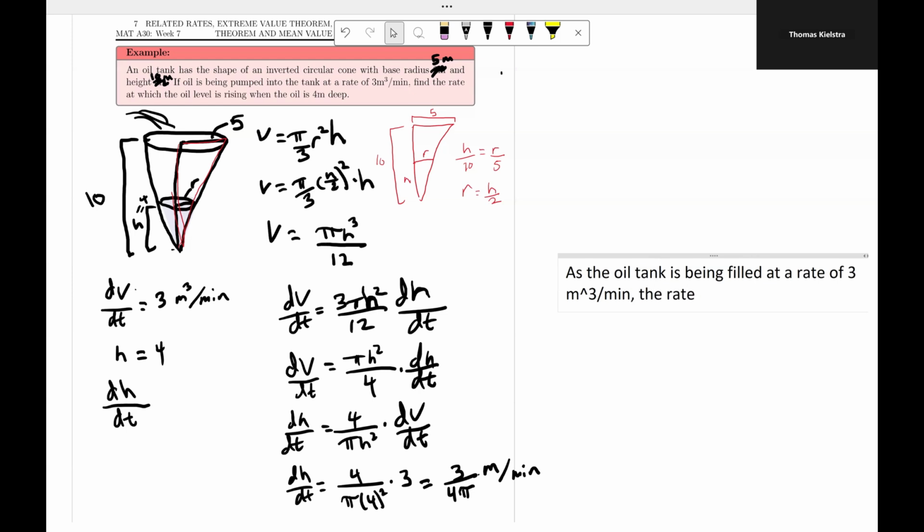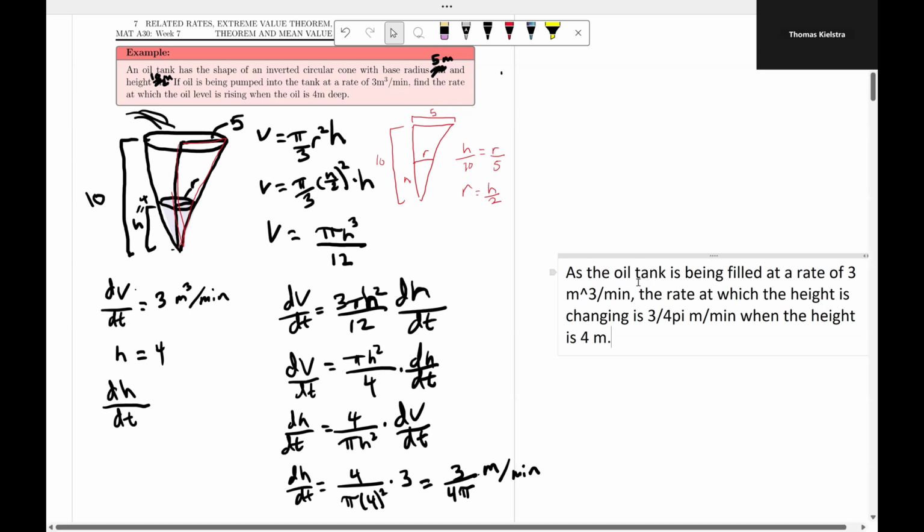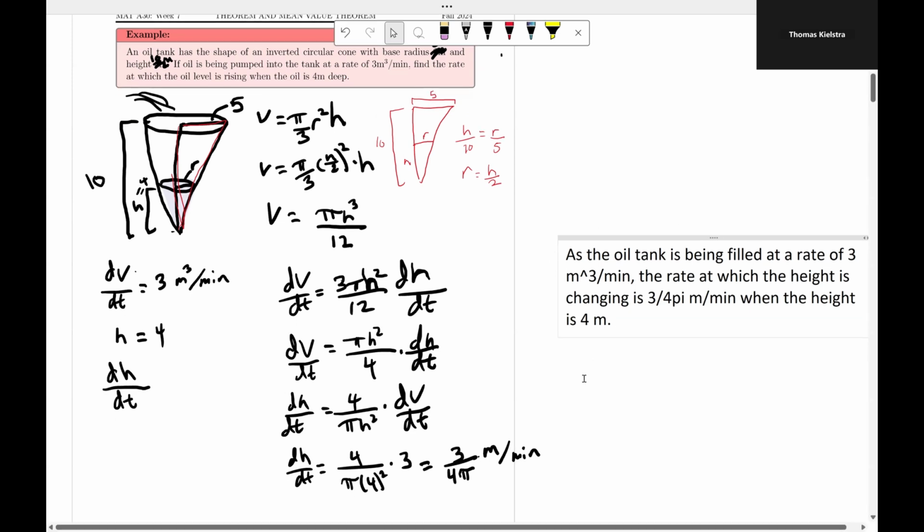The rate at which the height is changing is 3 divided by 4 pi meters per minute when the height is 4 meters. And we have our final concluding sentence. Okay.